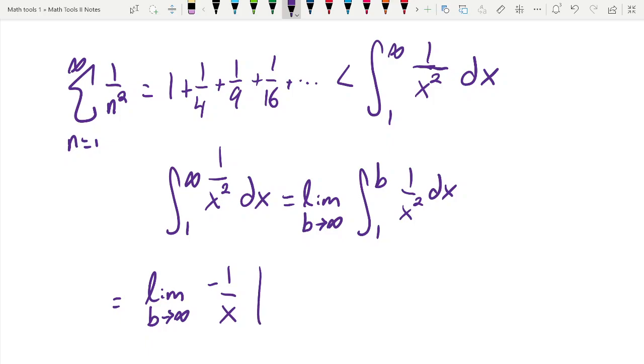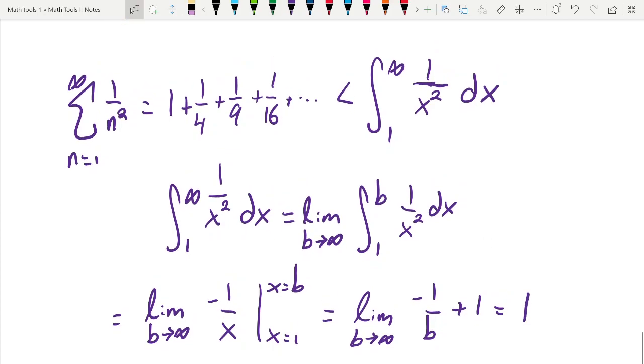And this is from x equals 1 to x equals b. So this is the limit as b goes to infinity of negative 1 over b minus a negative 1, so plus 1. So when we take the limit of this part, it's just going to be 0, so we're going to get 1. Okay. So this is equal to 1.